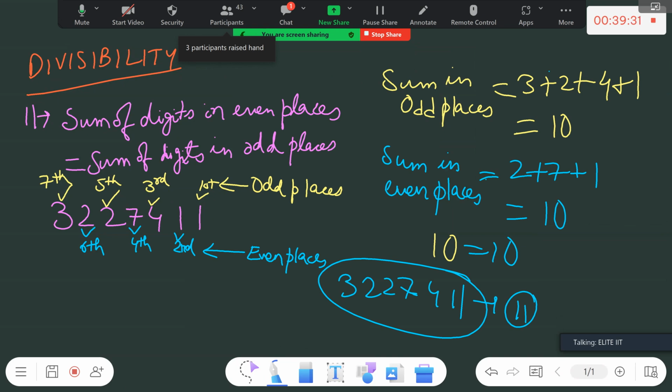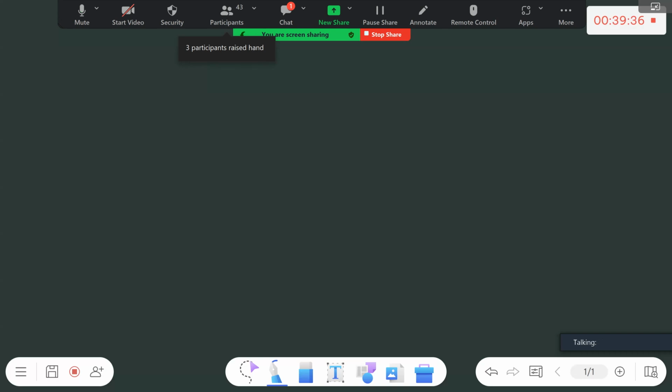And another thing, you know the units place digit? If I ask you, see everyone carefully, what is the unit digit in this multiplication?